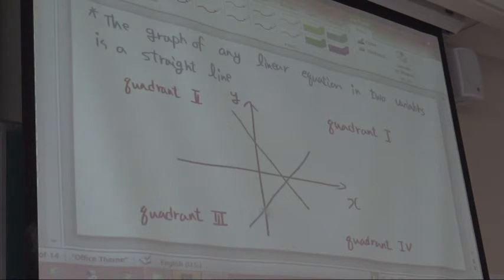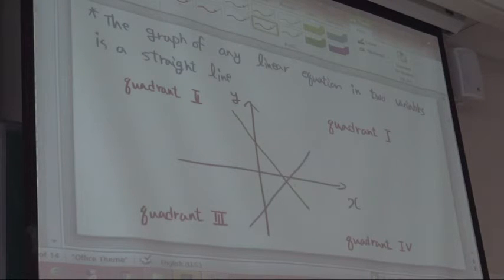The y-intercept is where x is equal to 0. So the y-intercept can be found by letting x be equal to 0. In a similar way, on the x-axis all the y values are equal to 0. So we let y be equal to 0 and solve that, then we get an x-intercept.